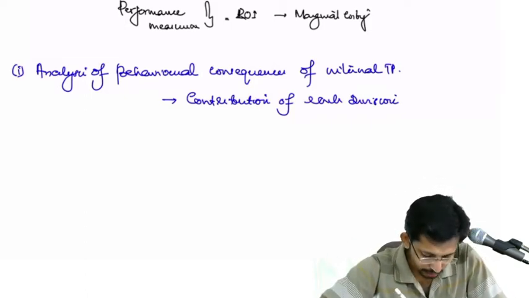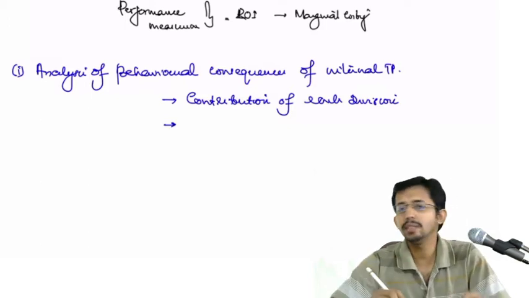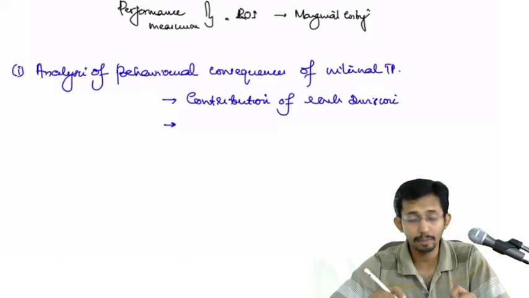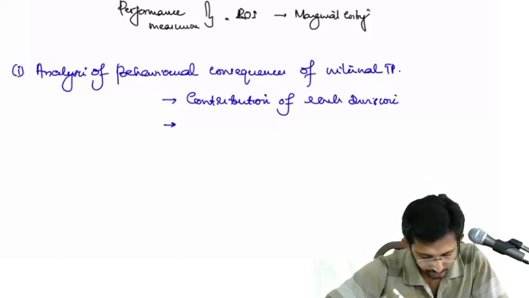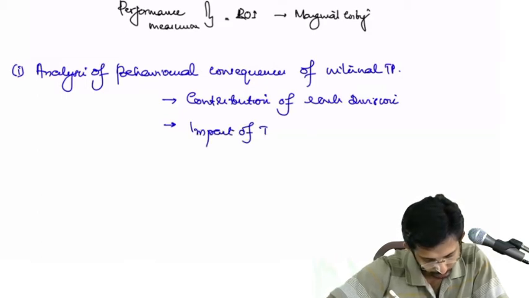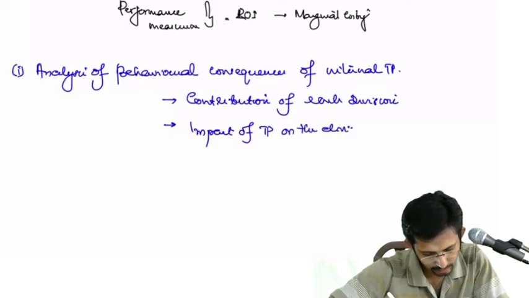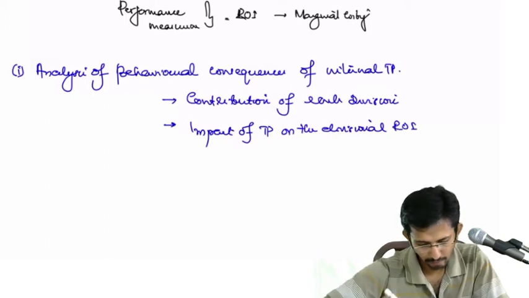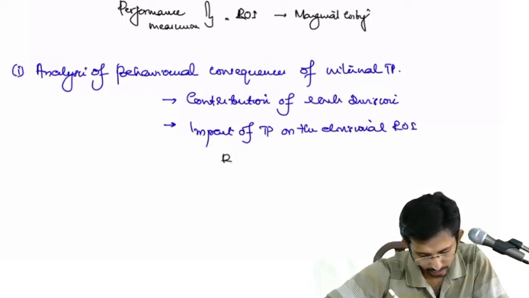Then there is one more part also. It is given in the question that the performance of these divisions is measured in terms of return on investment. So you have to see the impact of TP on the divisional ROI, and what is the formula for ROI?